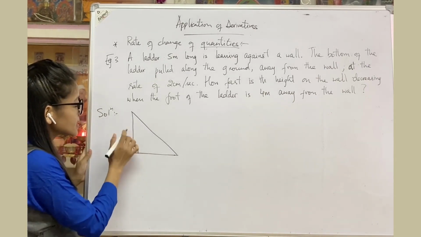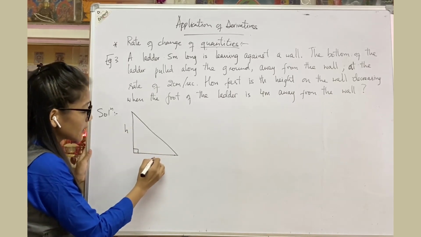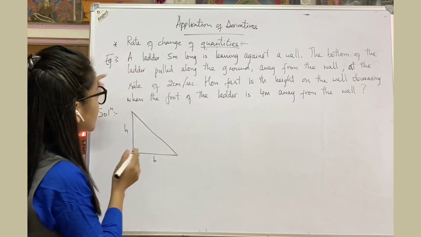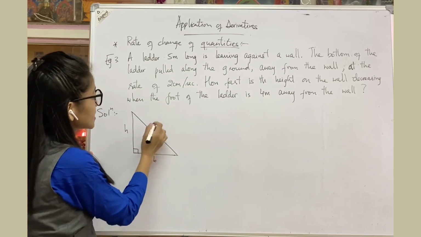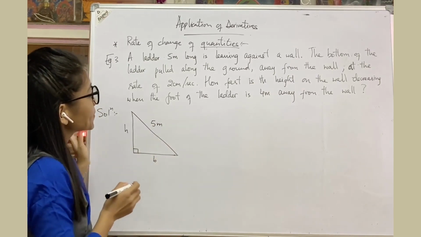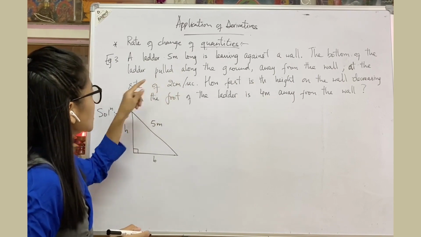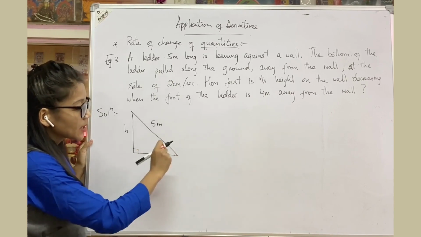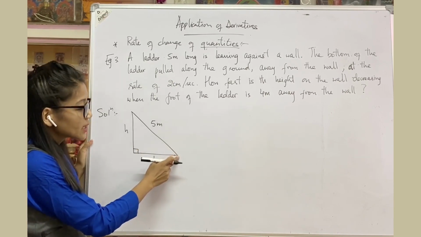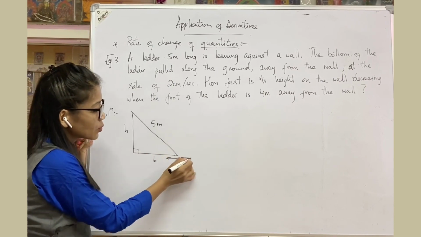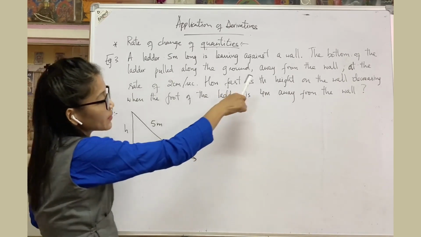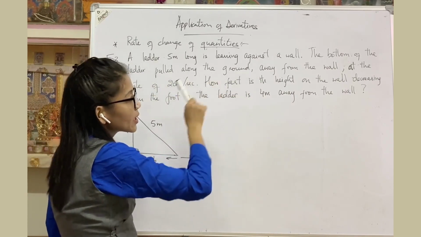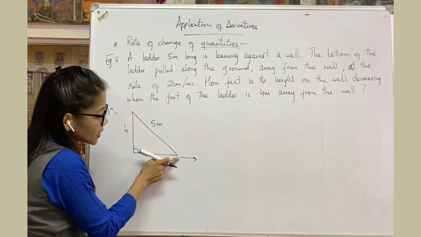Now this is the height of the wall, and this is the base of the right triangle, and this is the ladder, which we are given is 5 meters long. The bottom of the ladder is pulled along the ground. It can be pulled this way or that way, so it can be done in 2 ways, but we are given that the bottom of the ladder is pulled along the ground away from the wall, which means we have to pull the ladder in this direction.